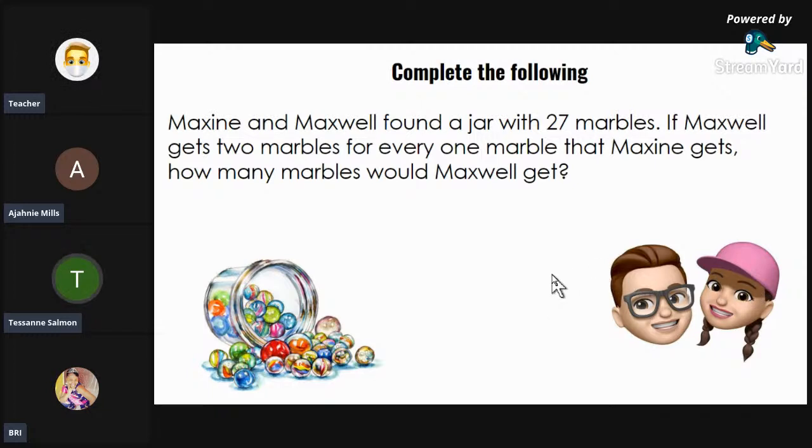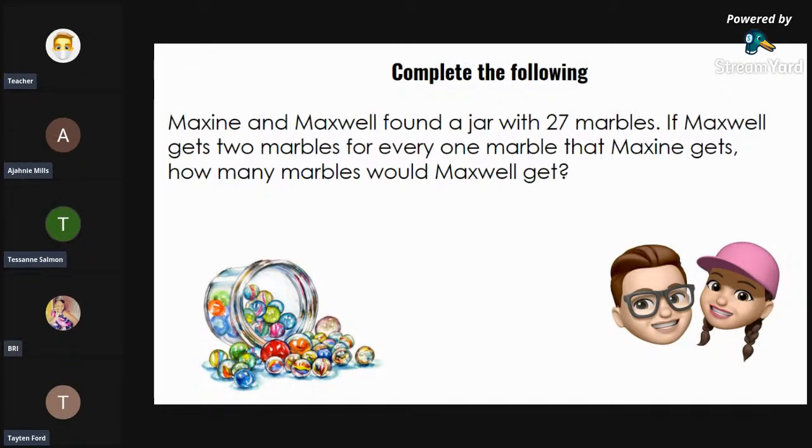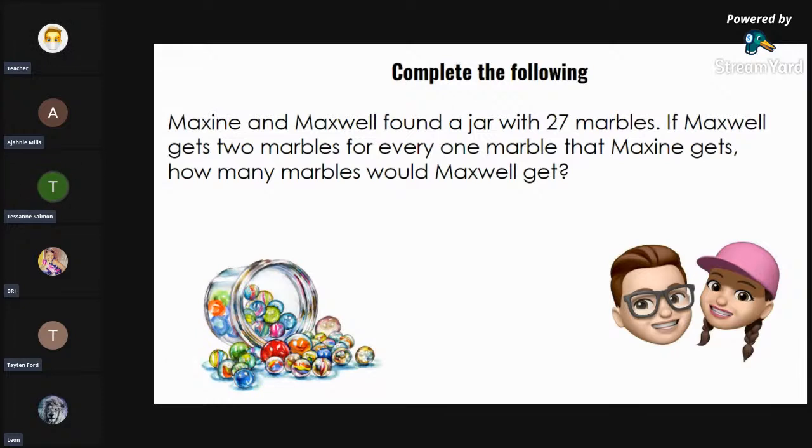Okay, so what I did was, since they said that for every 2 marbles that Maxwell gets, Maxine gets 1, we could work this out in a ratio way or algebraic way. So 2 to 1, and then 4 to 2, then 6 to 3. So we're dealing with the halves.